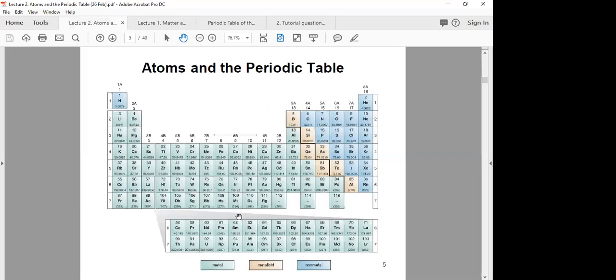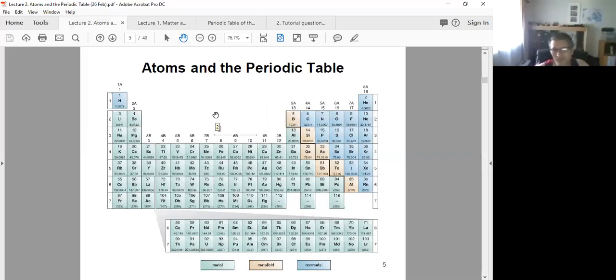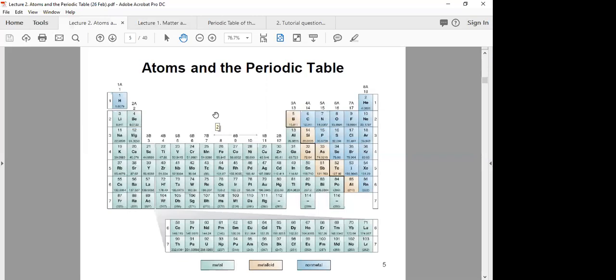Who can tell me what the exception to this rule is? With regards to there's all the elements to the left of the metalloids are metals except for one of them. Hydrogen. Hydrogen, good. So remember, that's the exception to the rule, to the metals rule, as I say.